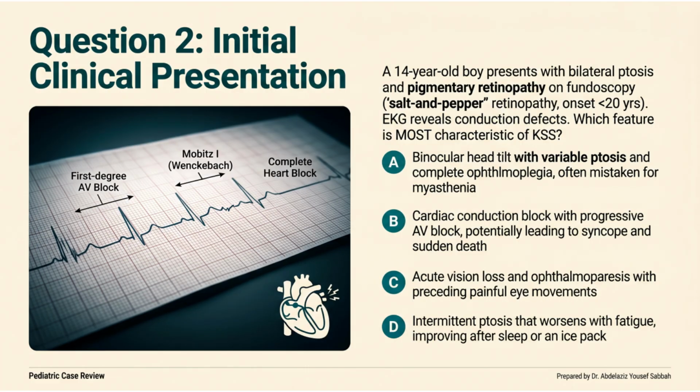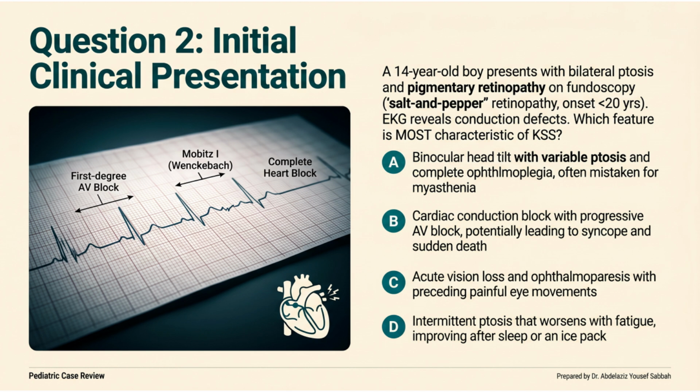Case 2. A 14-year-old boy presents with drooping of both eyelids and pigmentary retinopathy on fundoscopy, described as a salt and pepper appearance, with onset before 20 years of age. The electrocardiogram reveals conduction defects. Which feature is most characteristic of Kearns-Sayre syndrome? Option A, head tilt with variable eyelid drooping and complete ophthalmoplegia, often mistaken for myasthenia.